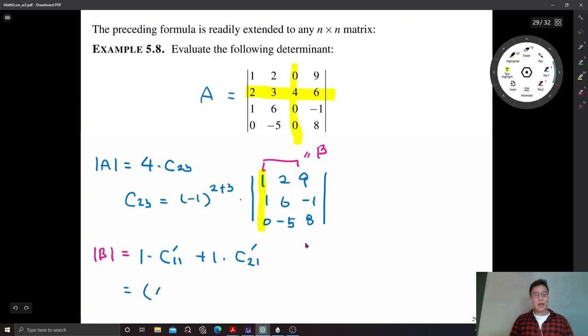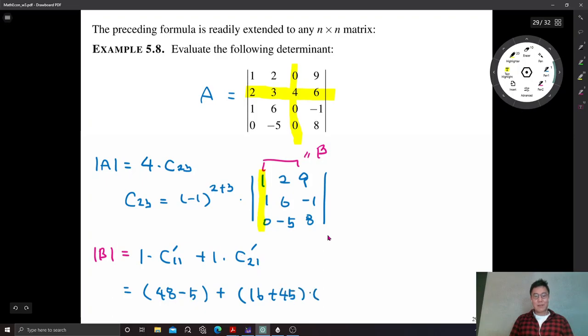So 38 minus 5, and C sub 2,1 is, now eliminating the second row and first column, then we are left with 2 by 2, 2 9 negative 5 8, whose determinant is 16 plus 45.